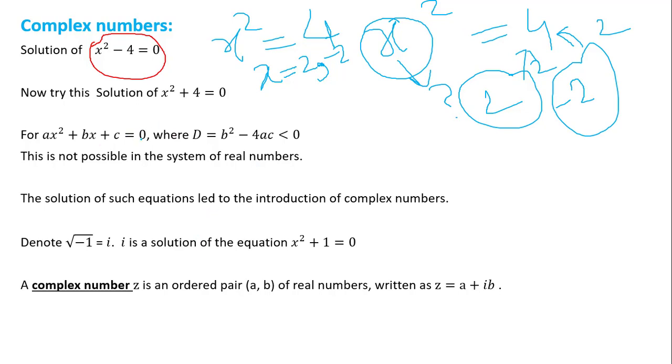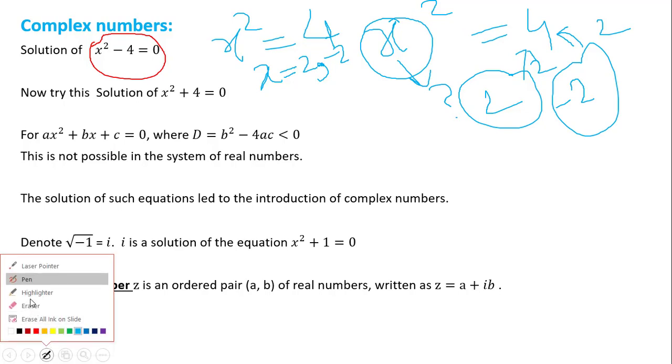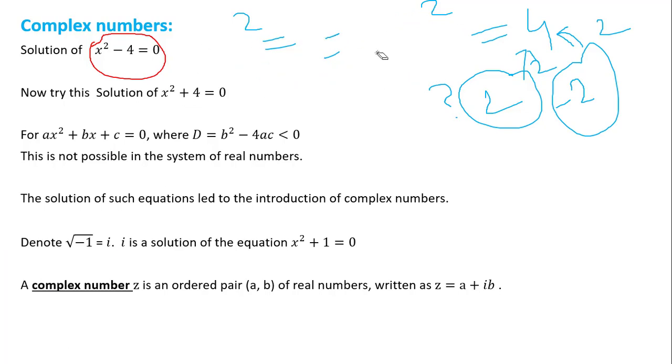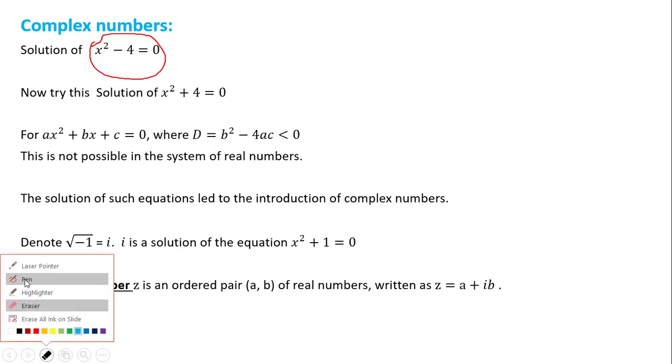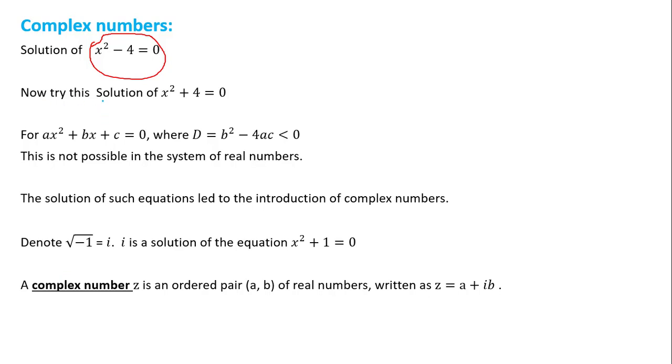It's very easy. So let's try one more example. Let me erase this first. Now in a similar manner, let's try this question: x square plus 4 equal to 0.